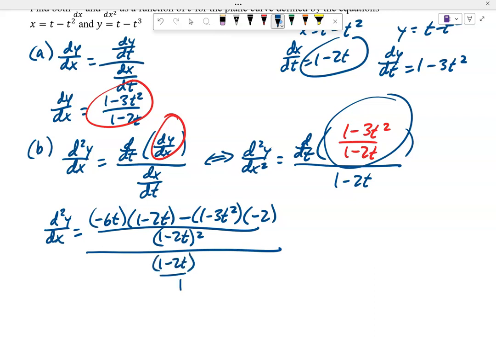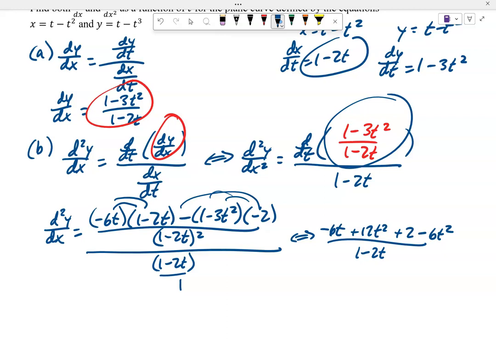And so when I put that over 1 and multiply by the reciprocal, I'll just have this top. Let me go ahead and distribute that through. Negative 6t plus 12t squared, and I have a positive 2 that I'm distributing through, so that's 2 minus 6t squared. This is all over (1 minus 2t) to the third.